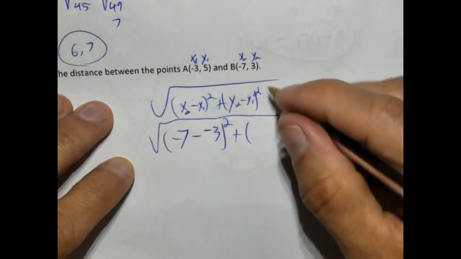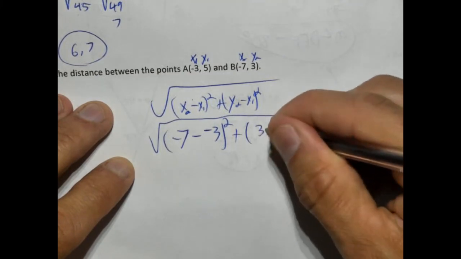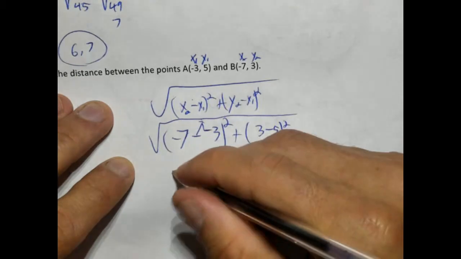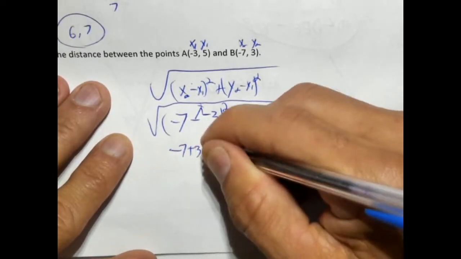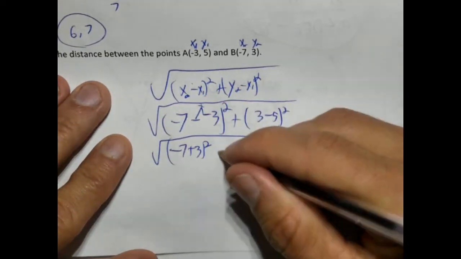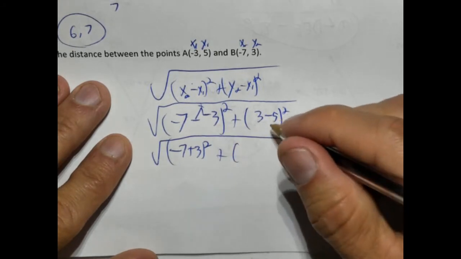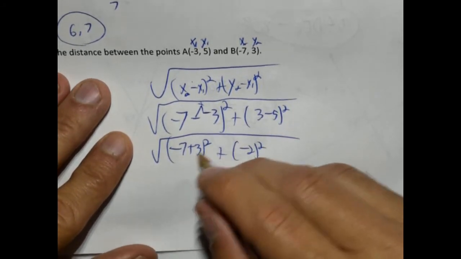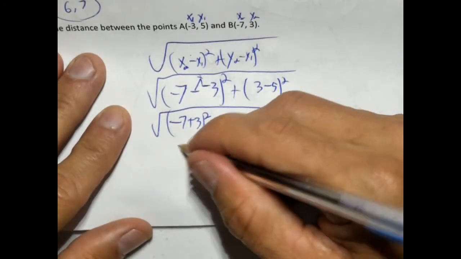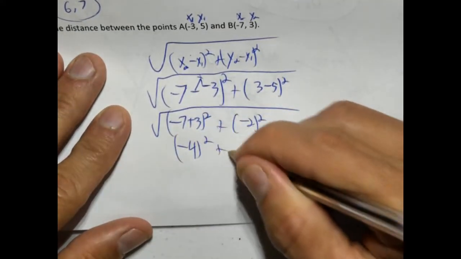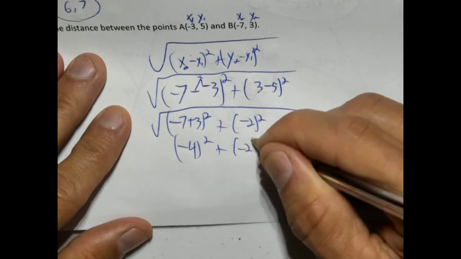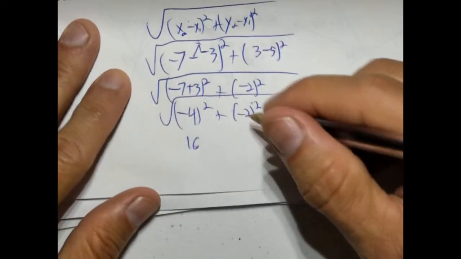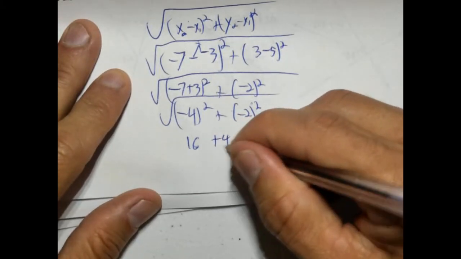It's easy to make a simple mistake on this. 3 minus 5. Hopefully I didn't just jinx myself. This will become plus. We're going to rewrite that. So negative 7 plus 3 squared. And 3 minus 5 is going to be negative 2. So negative 7 plus 3 is going to be negative 4. And that's going to be negative 2 squared. So negative 4 squared is 16. And negative 2 squared is going to be 4.